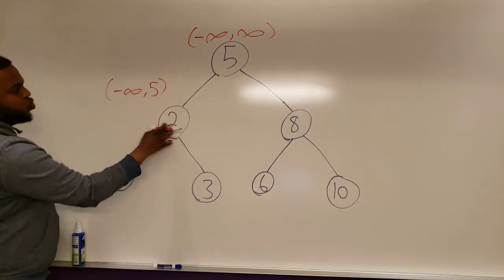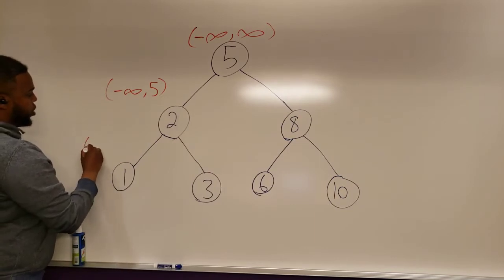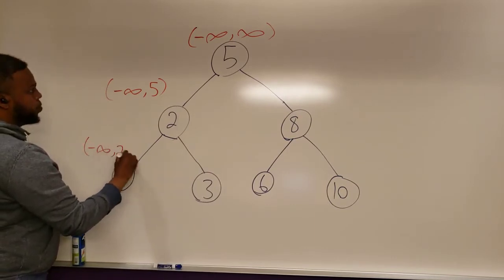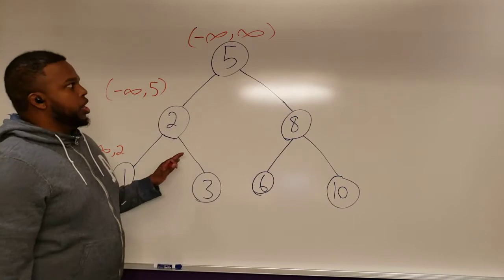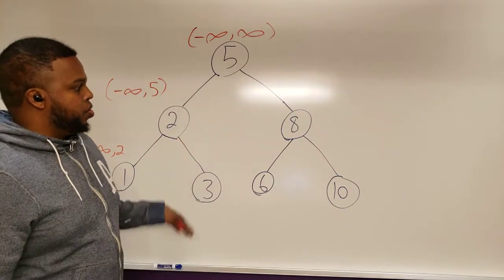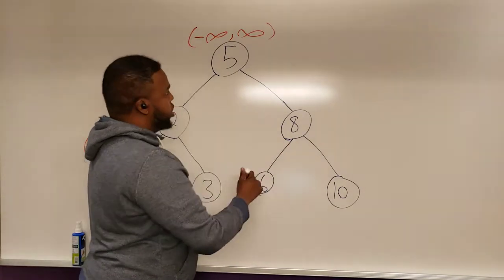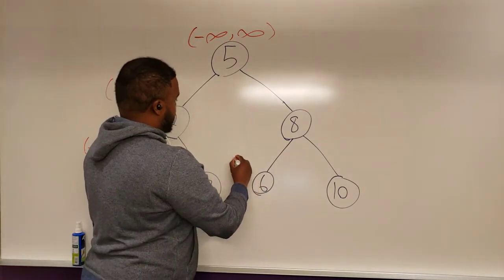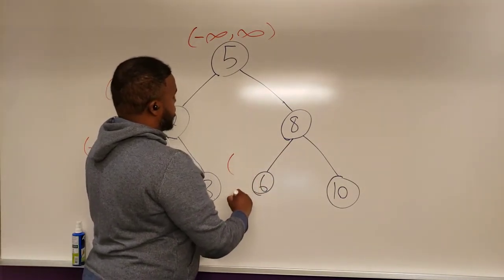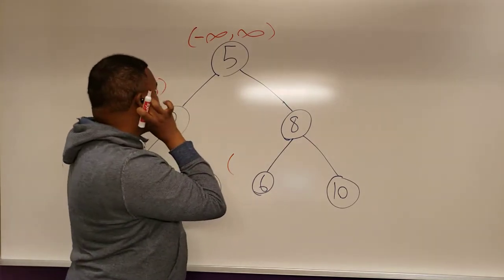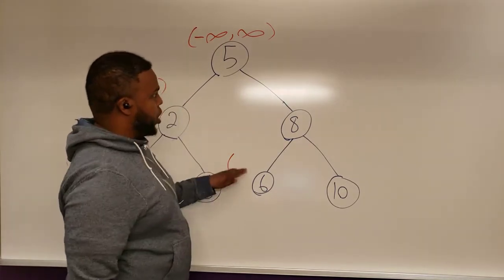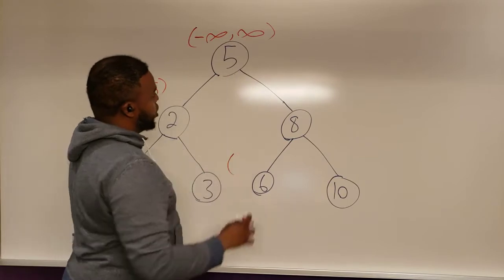And then here, 2 will be the new upper bound. And then here, 8 will be the new upper bound. But I'll hang on to this one. I'm not going to do this one now. I'll first do this one.